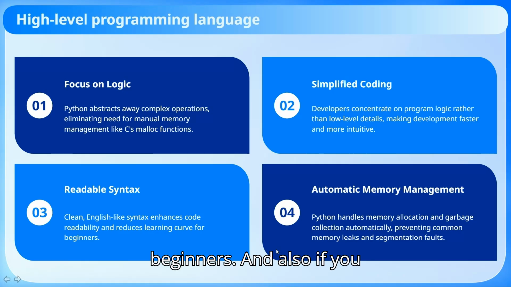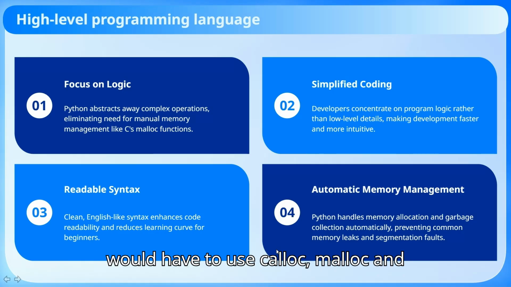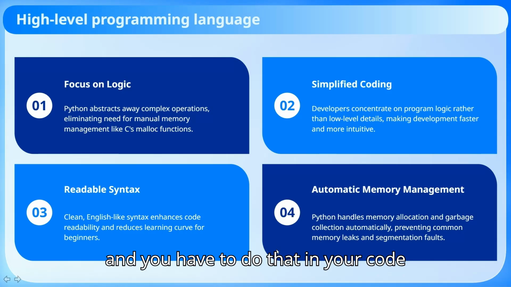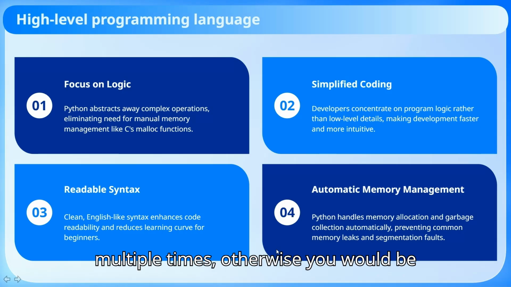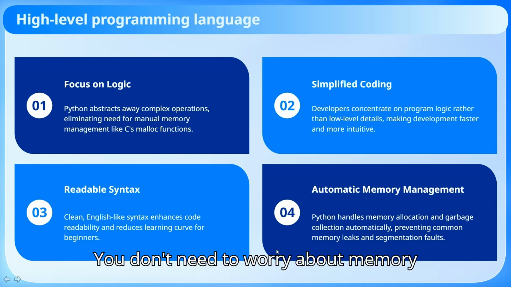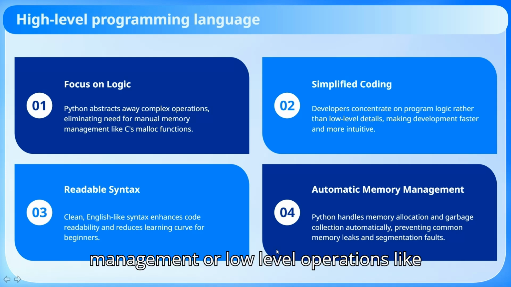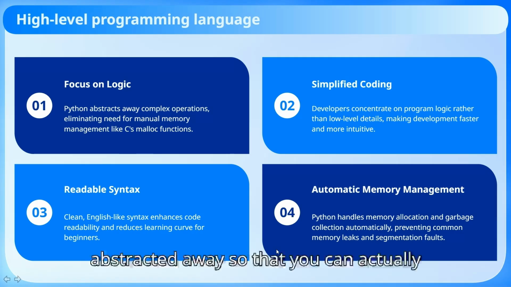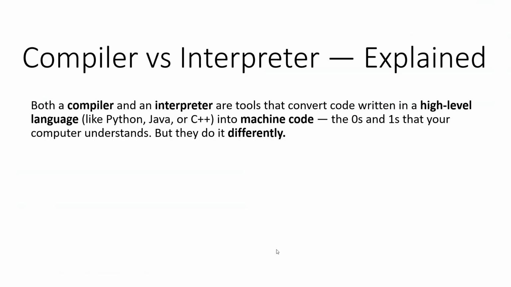Also, if you have done some programming in C, you would have to use calloc, malloc, and realloc functions for memory management, and you have to do that in your code multiple times. Otherwise, you'd be getting undesired outputs or errors. You don't need to worry about memory management or low level operations like that. In Python, the complex stuff is all abstracted away so that you can actually focus on logic building.